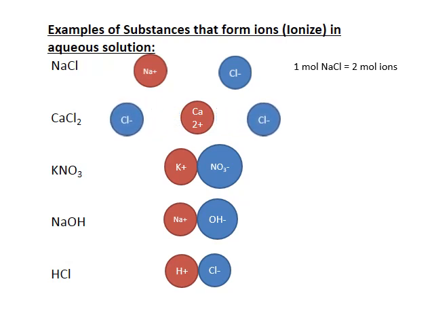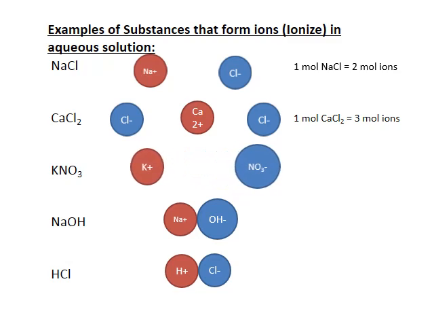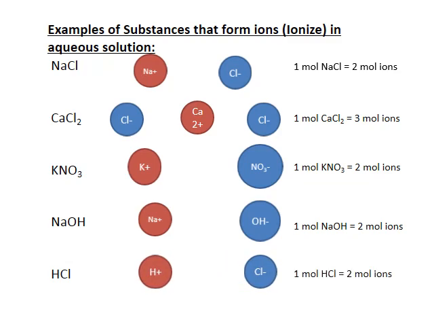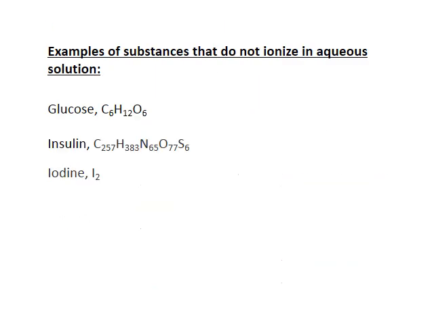Calcium chloride provides 3 moles of solute particles because it contains 1 calcium ion and 2 chloride ions, and then the rest are all twofers here. Potassium nitrate, 1 mole of that gives me 2 moles of ions. Sodium hydroxide would fall apart into 2 moles of ions, and even an acid like hydrochloric acid ionizes fairly completely, and we would end up with 2 moles of ions.